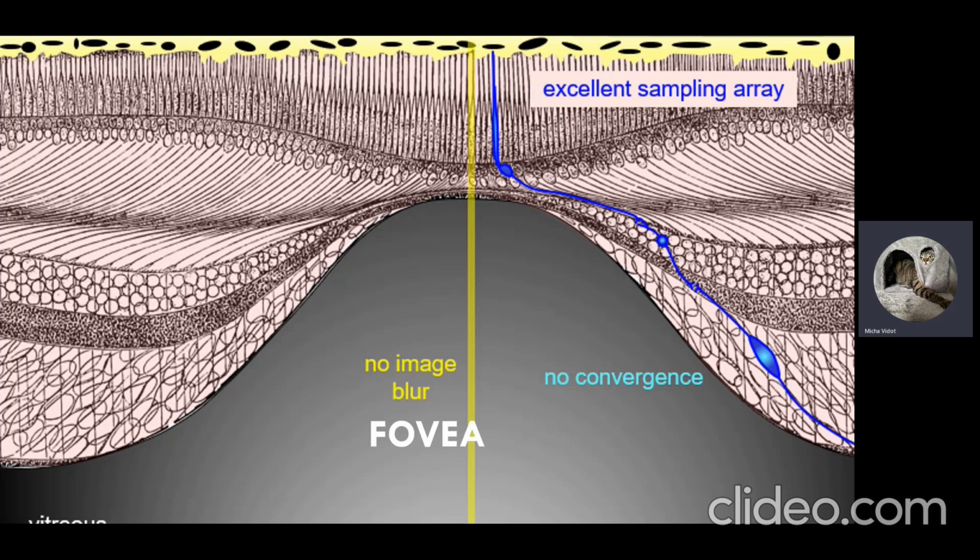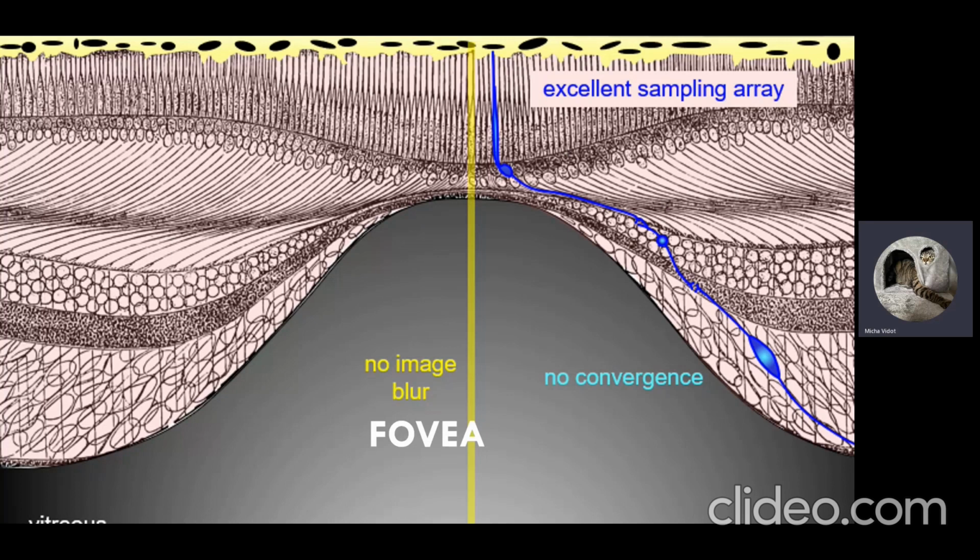In terms of size, the pit itself is 0.35 millimeters, and the fovea as a whole is 1.5 millimeters. There are only red and green cones found here, and they're very tightly packed together. The ganglion cells only receive information from one photoreceptor.